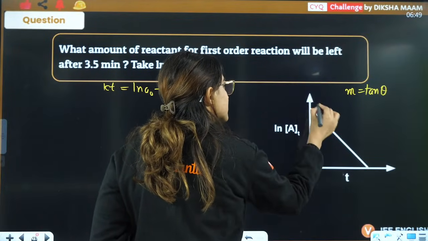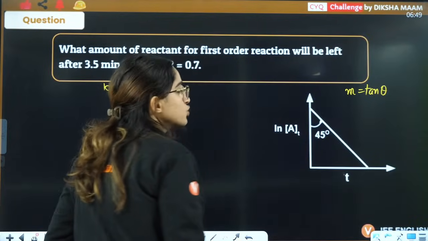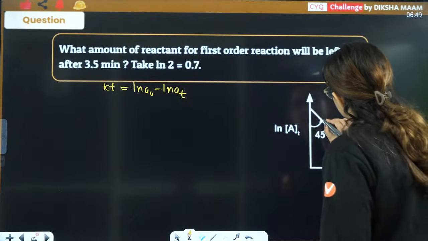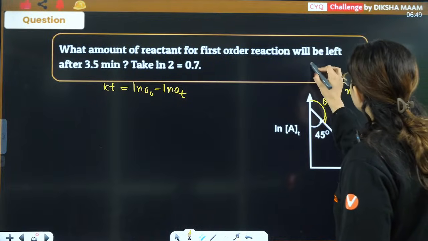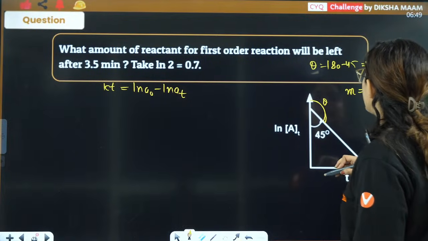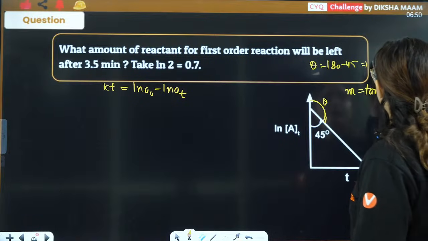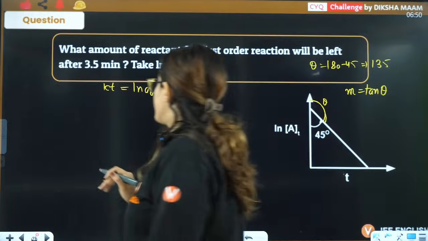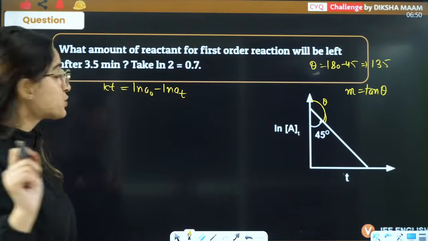So theta is this value, not that value. The slope that we are talking about, this is theta. And theta is nothing but 180 degrees minus 45 degrees, that is 135 degrees. So now you have to solve tan 135. So you will use trigonometry here, right?